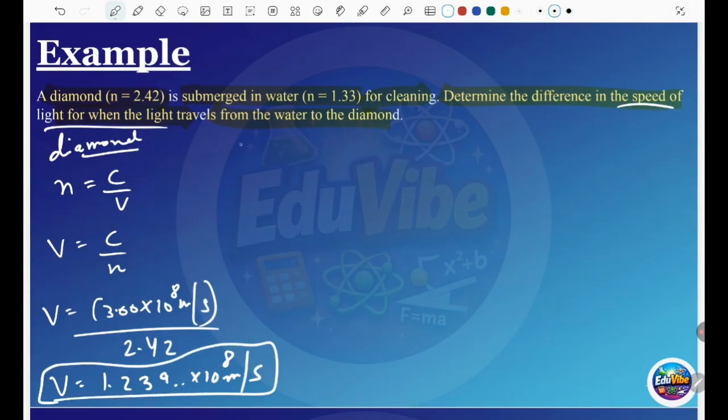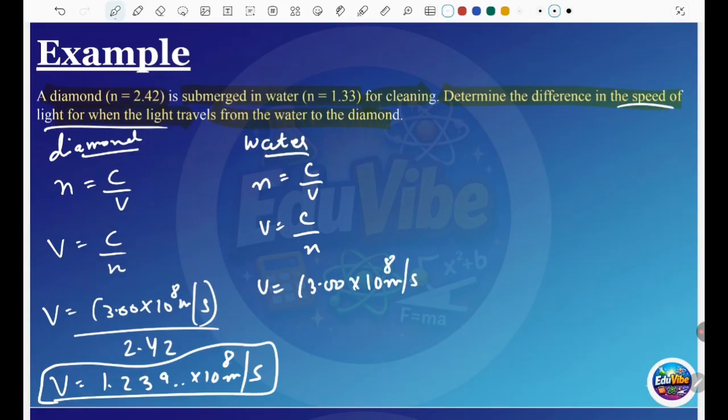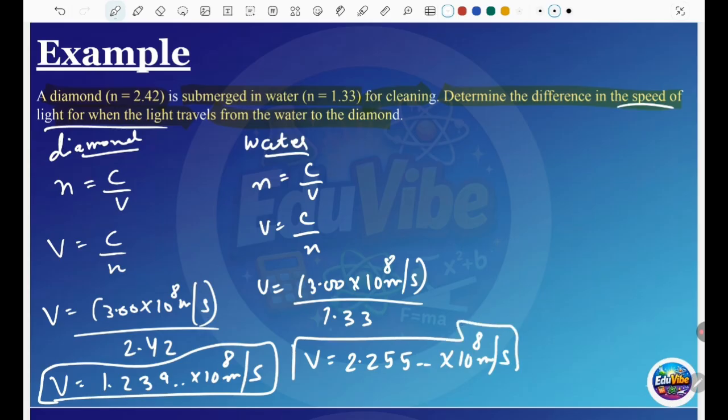This is v for diamond, and for water do the same thing. c is 3.0 × 10^8 meters per second, n is 1.33. You will get about 2.255 × 10^8 meters per second.